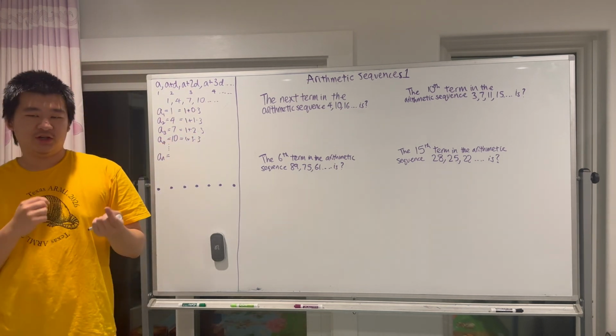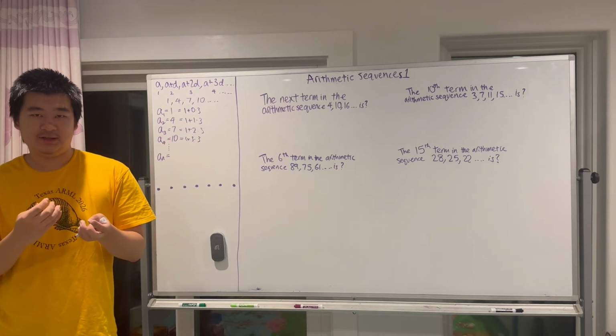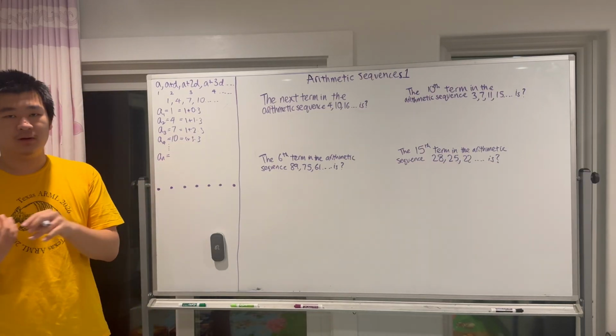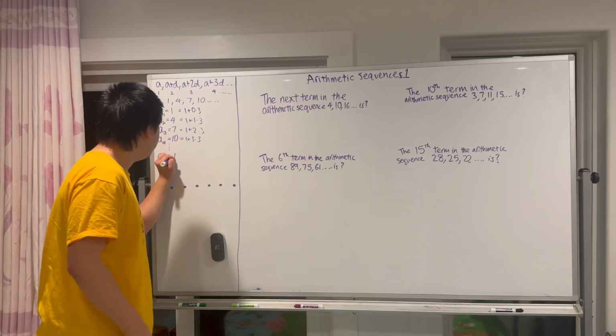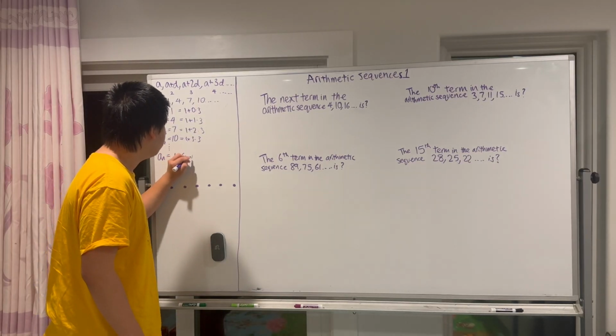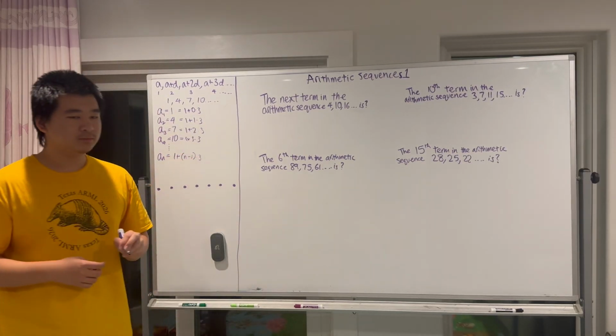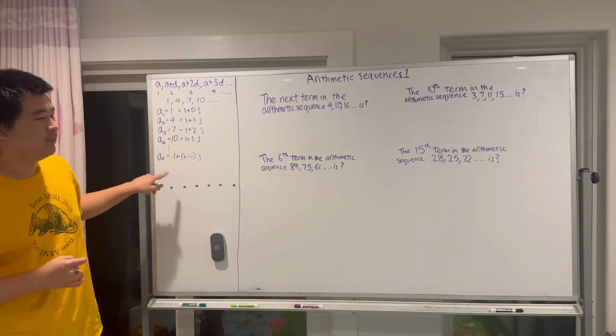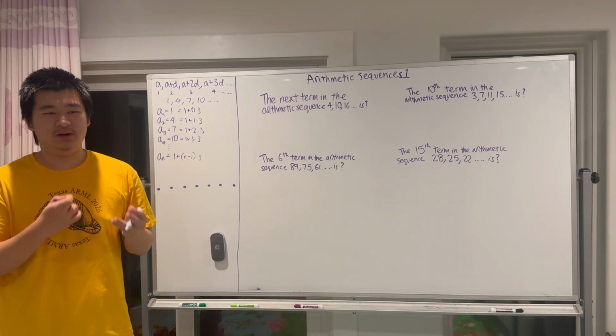So you might conjecture that a formula for this arithmetic sequence would look something like this. A sub n, the nth term of the sequence, is equal to 1 plus n minus 1 times 3. And you can absolutely confirm this by just doing a bunch of examples until you have convinced yourself.